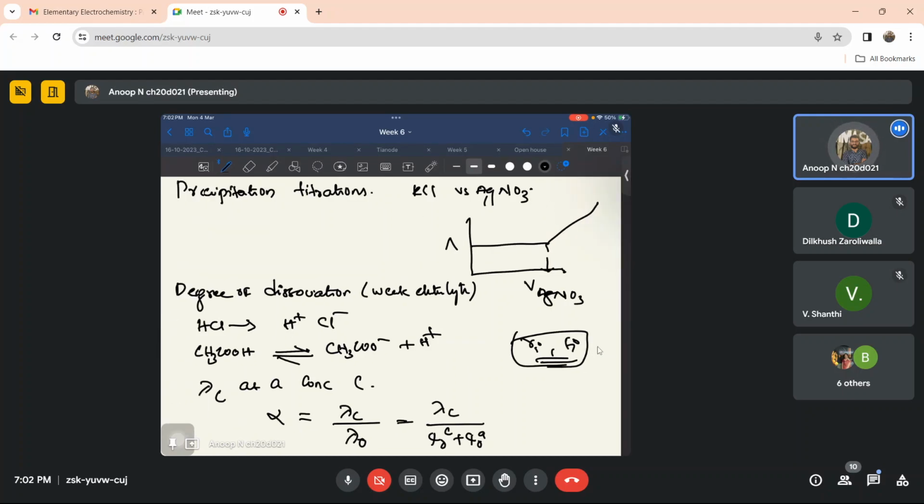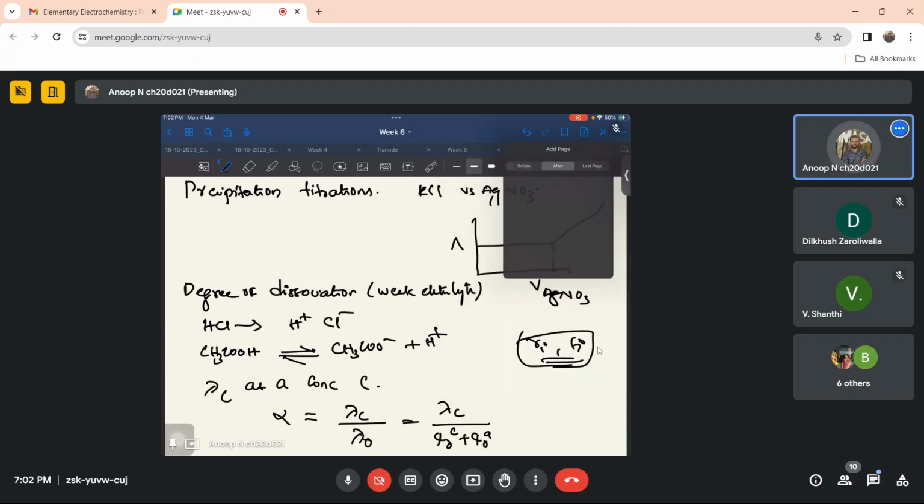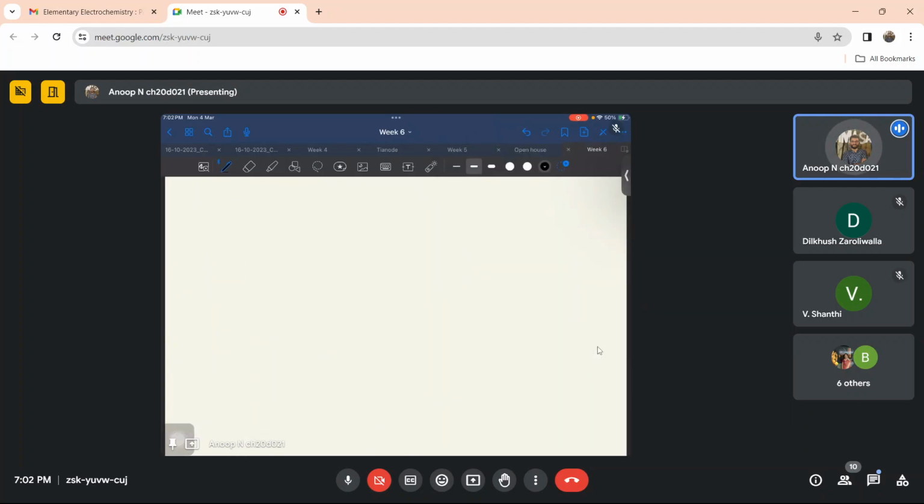There is one more thing called the dissociation constant. Suppose we have a weakly dissociating reaction HA giving H plus and A minus. If alpha is the degree of dissociation, we can write C into 1 minus alpha for HA, and C alpha and C alpha for the ions. So K alpha is equal to the concentration of H plus times A minus divided by the concentration of HA.